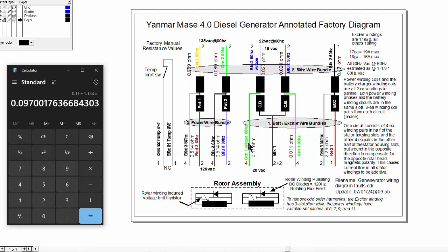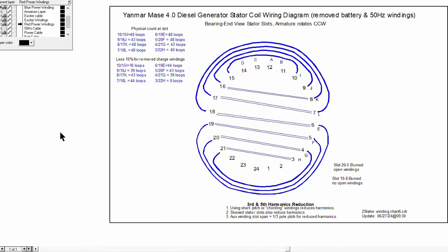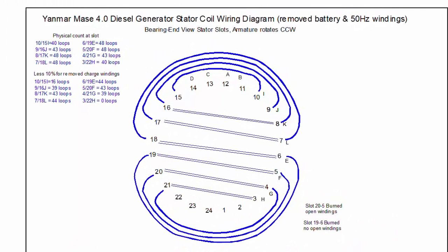It's still going to be a pretty tight wind to rewind the stator. So when we subtract the battery charge windings from the physical count at each slot, we end up with these new counts. There are 16 loops at slots 10 to 15, and 0 loops at slots 3 to 22.